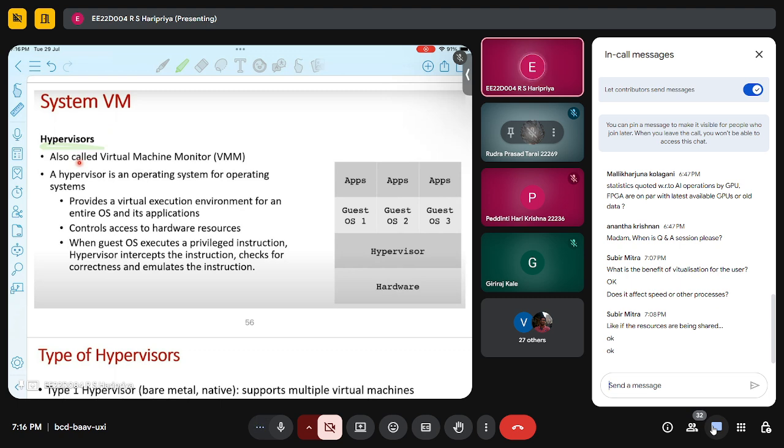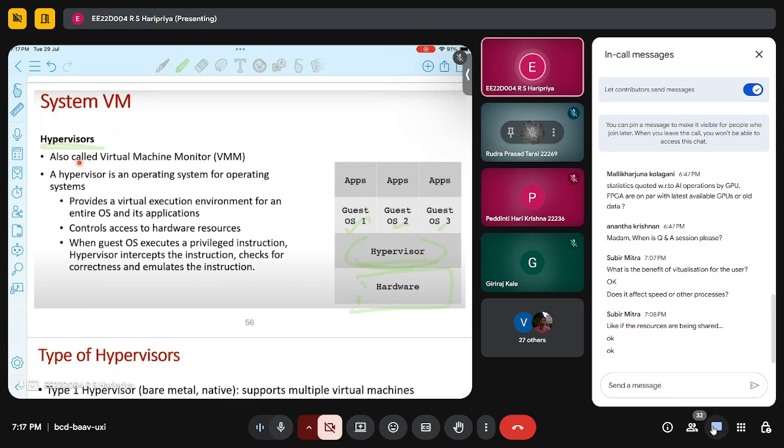So what is a hypervisor? We have the hardware, and when we boot this entire system, the first thing that gets booted is this hypervisor, and then you have multiple operating systems which will be sharing the underlying hardware through this hypervisor. These virtual machines will have different operating systems, say guest operating systems 1, 2, and 3.